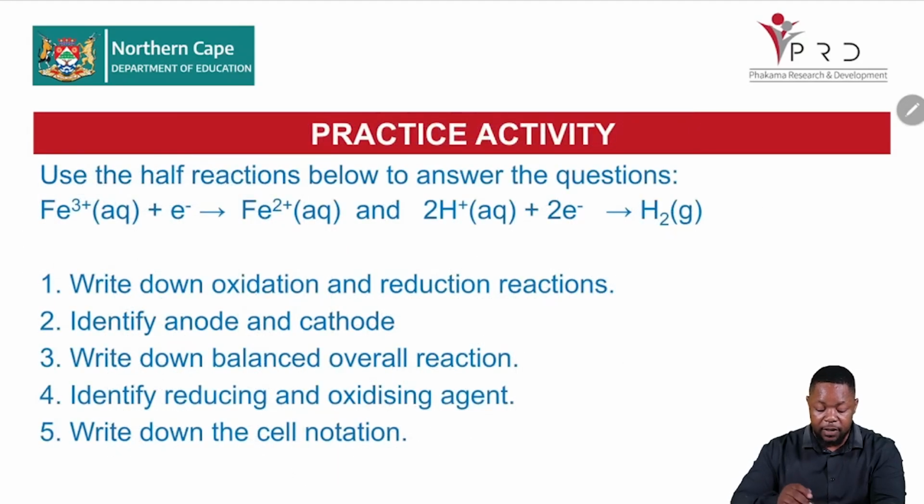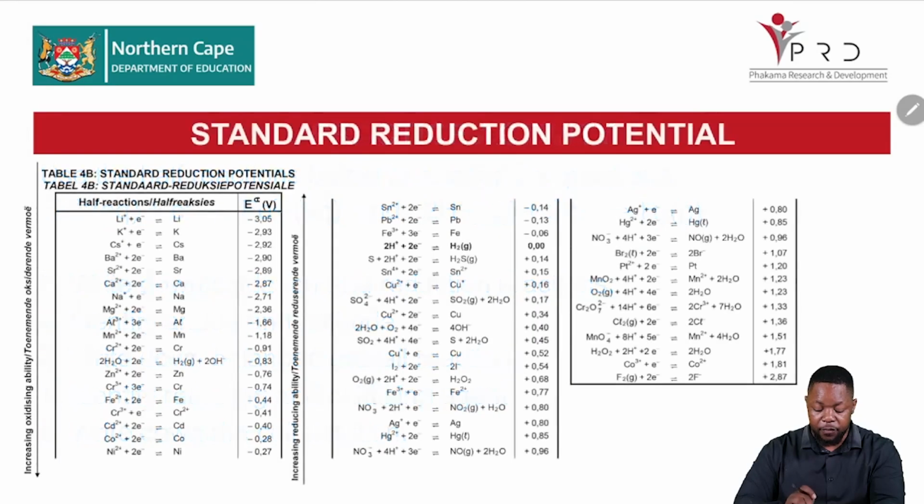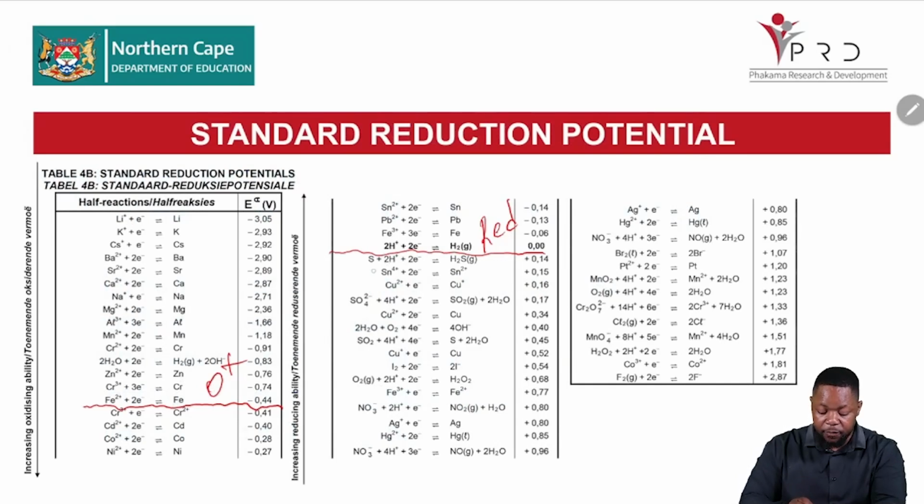So if we answer question 1, write down the oxidation and reduction half reactions, we are going to copy the reactions as they appear on the table. But remember that if you copy the oxidation half reaction, you do it in reverse. That is, Fe comes first, followed by Fe2+ and 2 electrons.